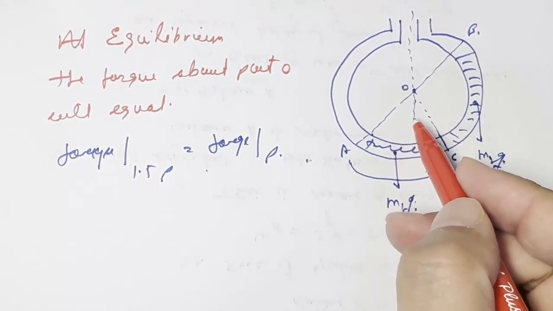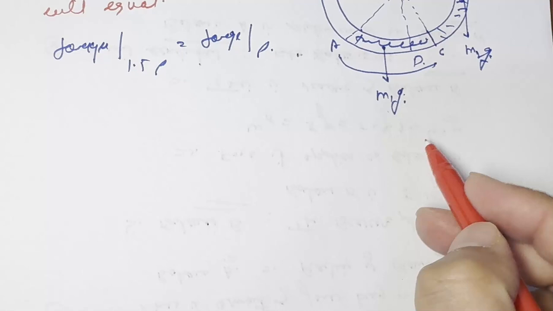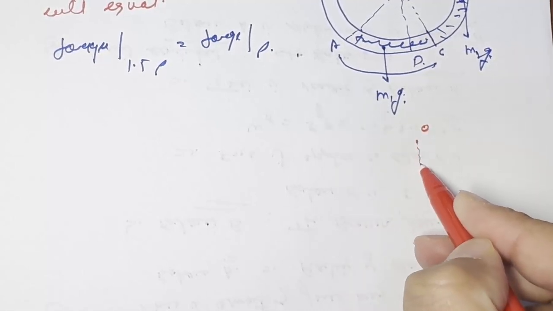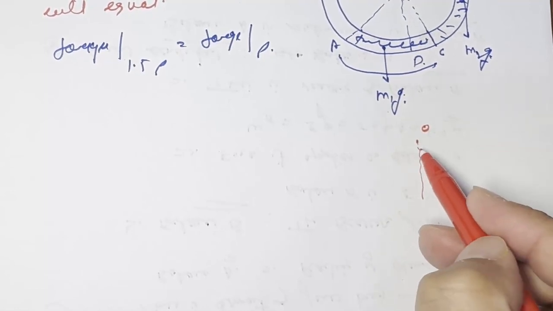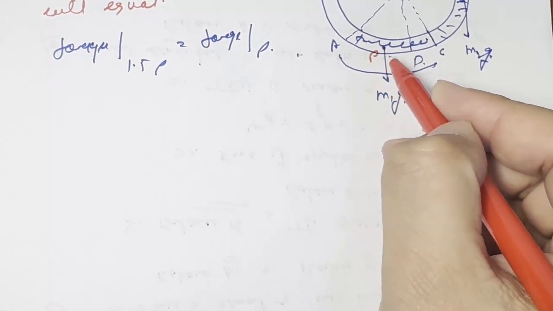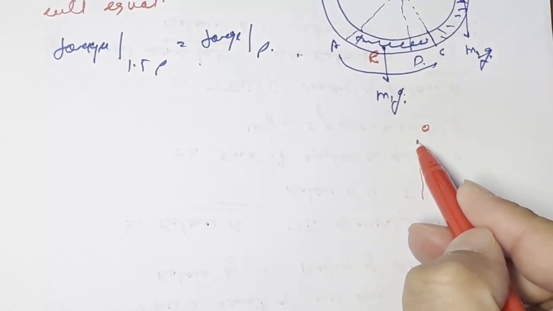Let us draw the perpendicular distance. So this mg, let me draw this figure again here independently in order to show this. So this is point O, and this is our vertical line, and this point is given as P. Sorry, P we have already taken. Let us suppose this point is our R.